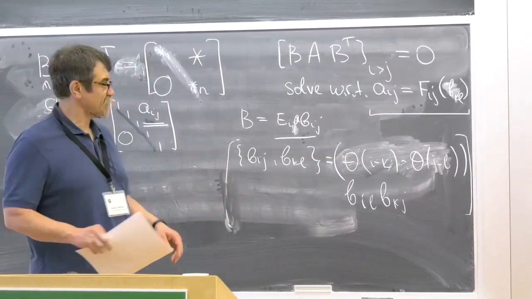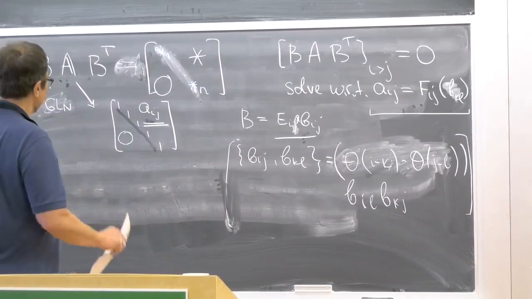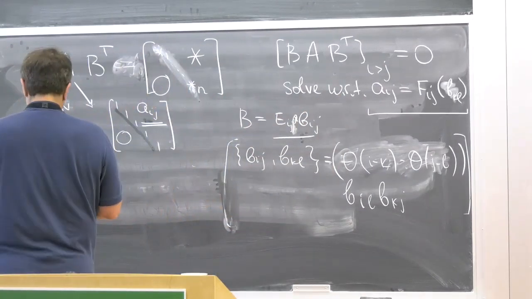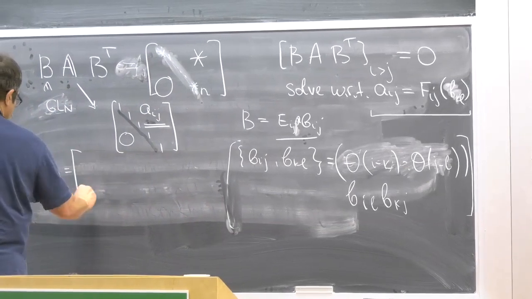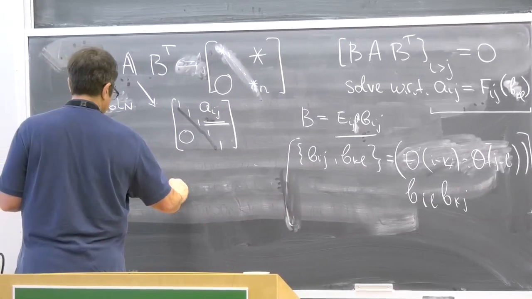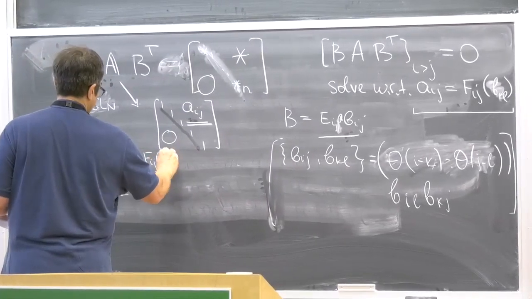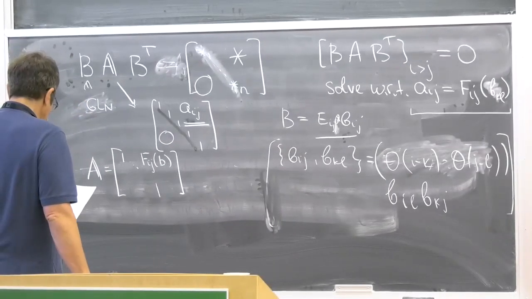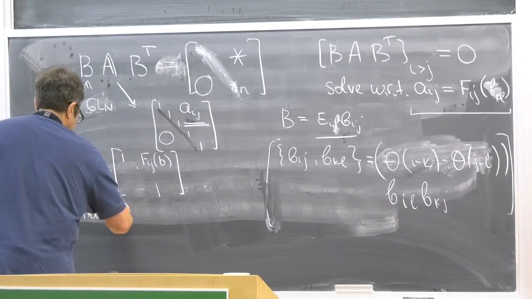Okay, but I think that I still need to present the results. So the theorem that we have is that if we define, so if you write this matrix A, again, in this following form, 1, 1, and here I have these functions F_ij of B. Then we have several statements.